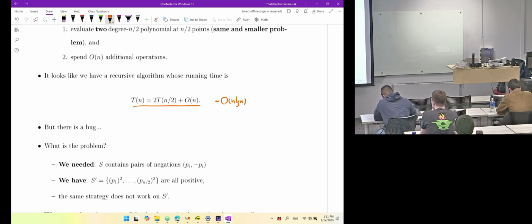It doesn't have the same structure that we can exploit to apply this recursion again. So we cannot continue. So it's not correct yet. This is a very important point that we need to fix. I hope you understand this issue.